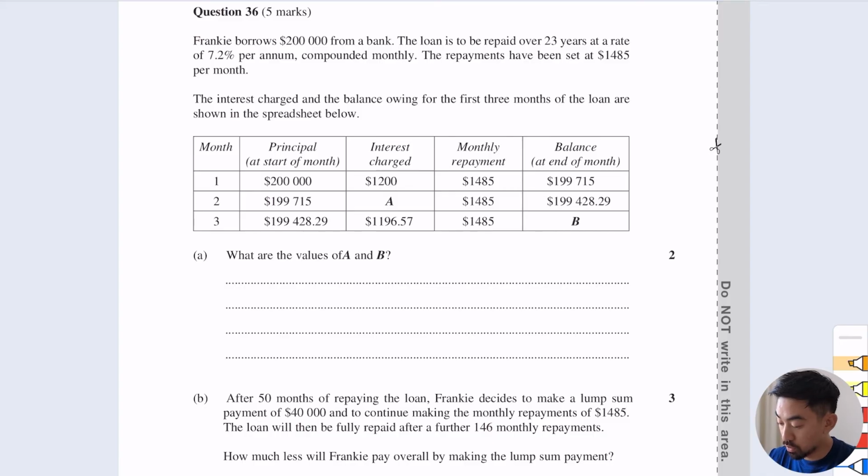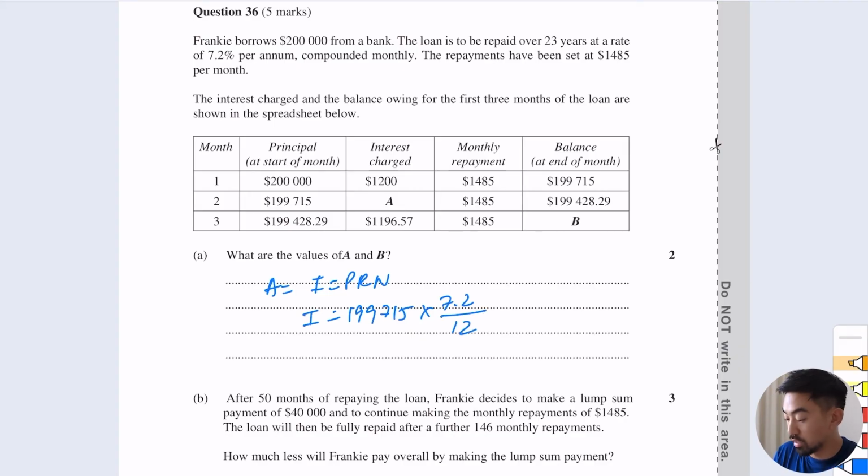Okay, so with reducing balance loans, they work on simple interest each row. So the interest charge here is just literally going to be I equals PRN for A. So my interest is going to be 199715 times my rate, which is 7.2% compounded monthly.